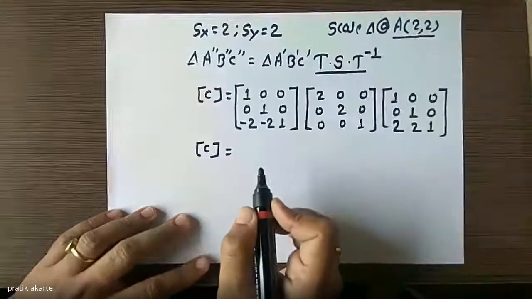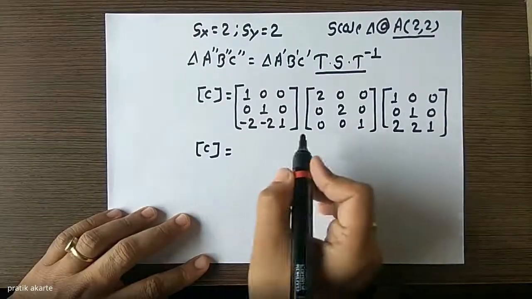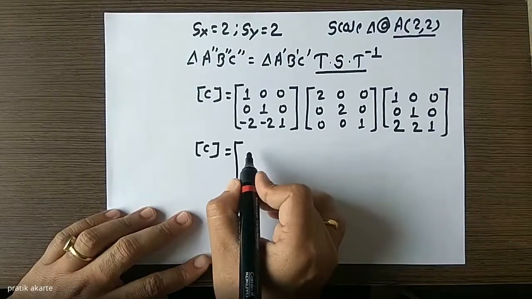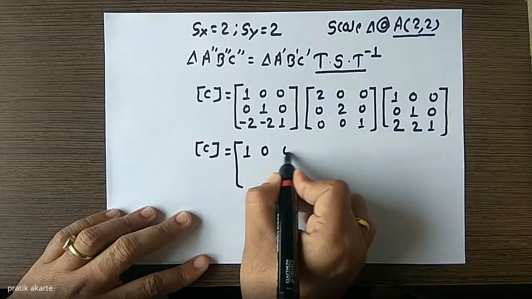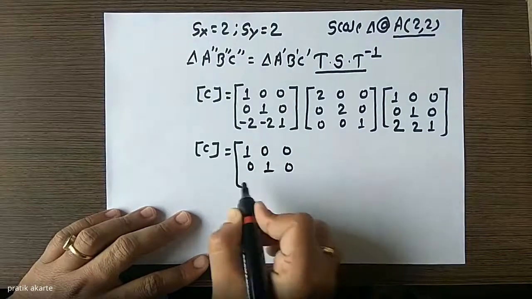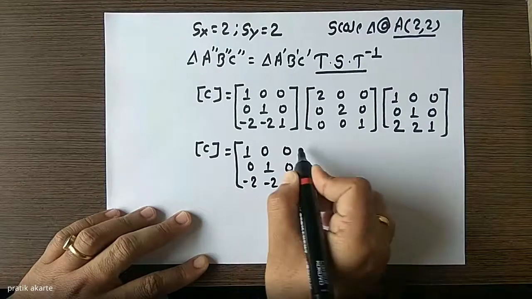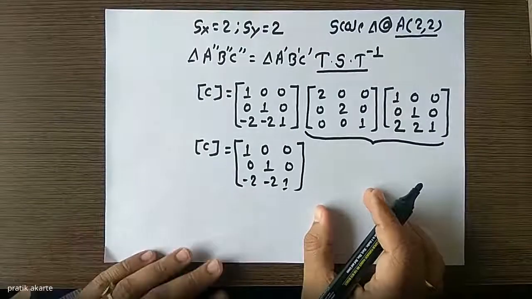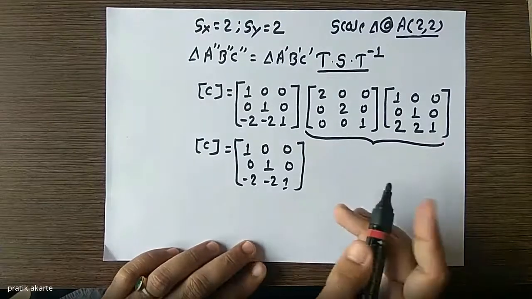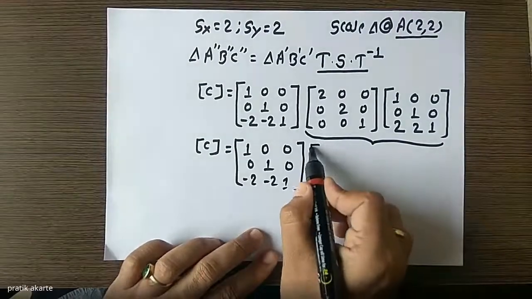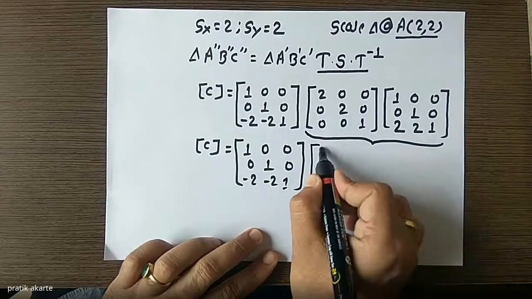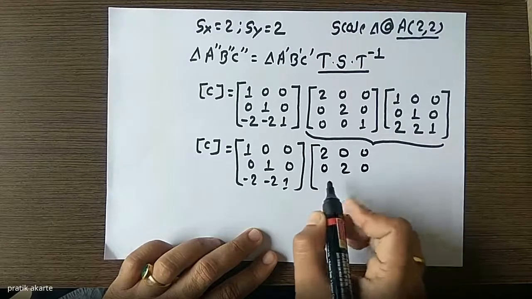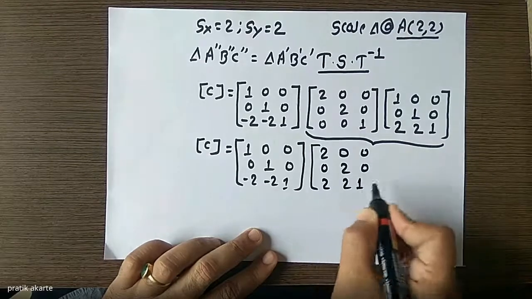Okay. So after multiplication, let us multiply it stepwise so that you will get the idea how to multiply. I'll write this as 1 0 0, 0 1 0, minus 2, minus 2 and 1. This is as it is. And I'll first multiply these two 3 by 3 matrices. You can multiply it by using your calculator. So 2, 0, 0, 0, 2, 0, 2, 2, 1.